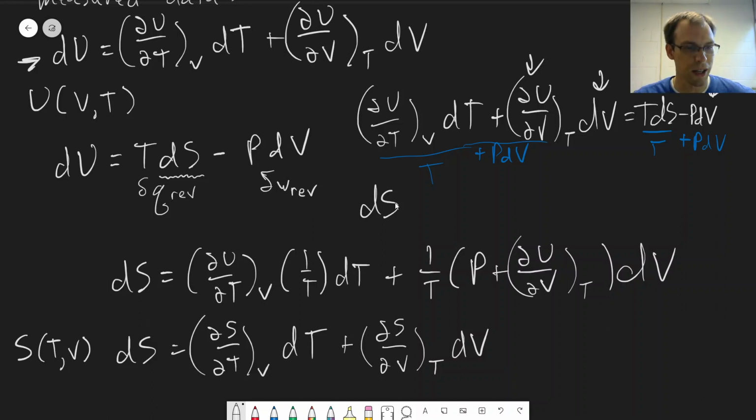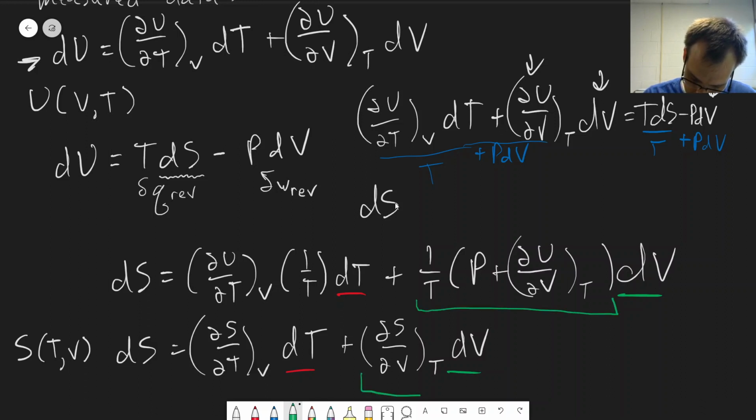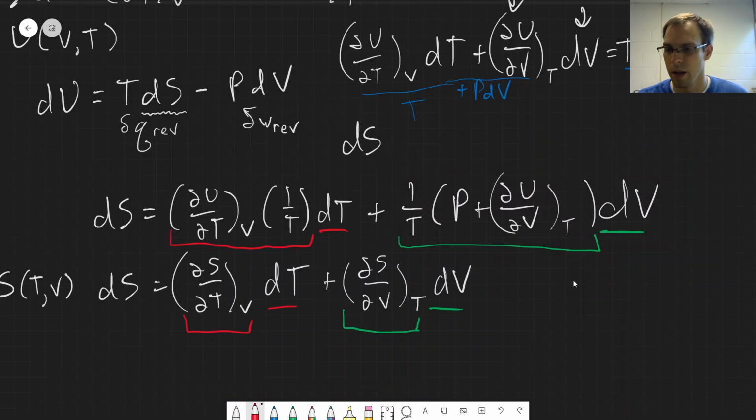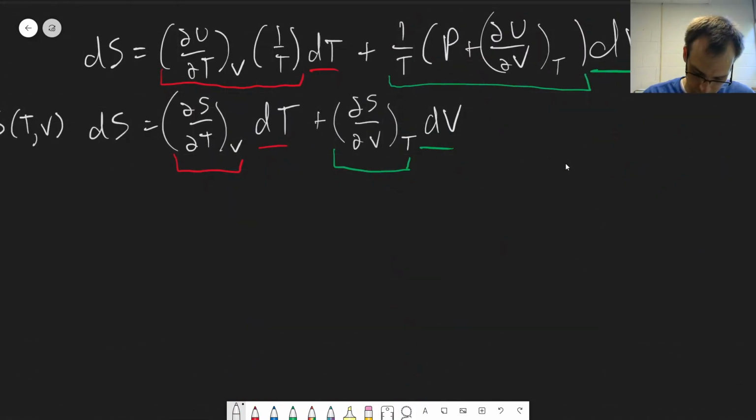And now we have a relationship here. We have two things that look very similar. We have a dT here, and we've got dV here. And so the stuff in front of these differentials is the same, is related. The second one isn't as useful, but the first is the one we're looking for.